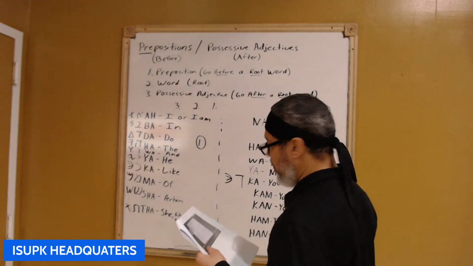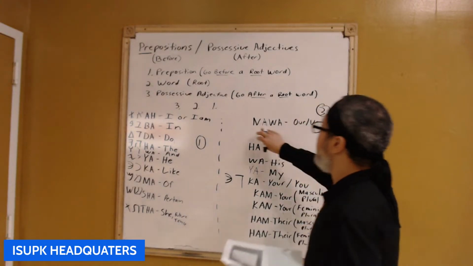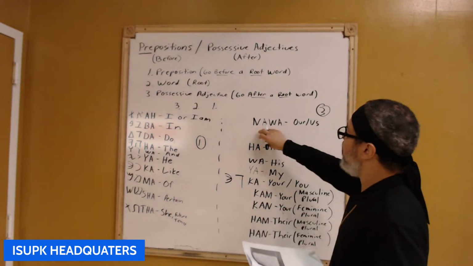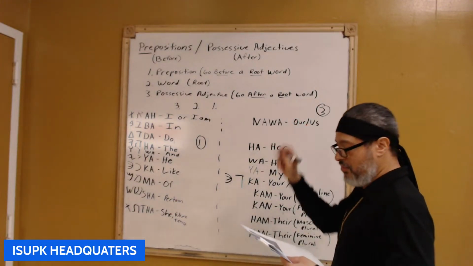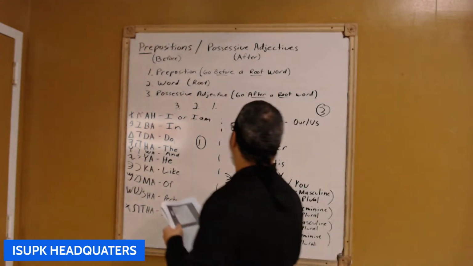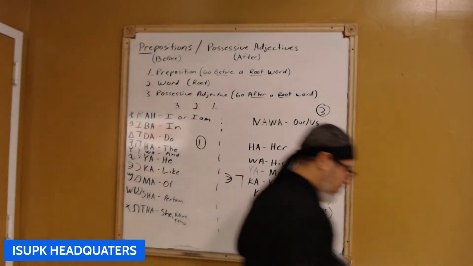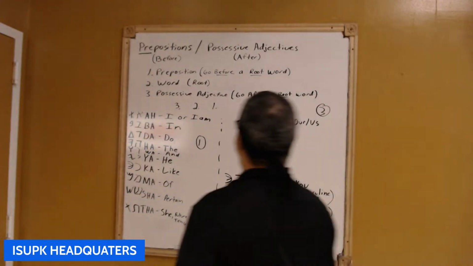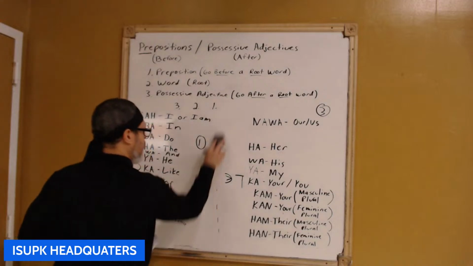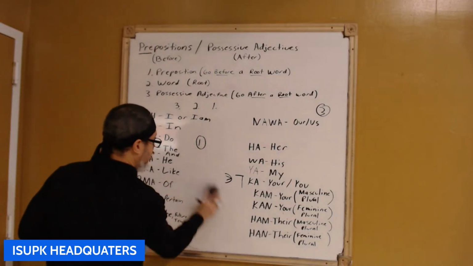Next we have the Na, Wa. Now these are actually 2 characters. Okay. So let's give a little more space here so I can write.